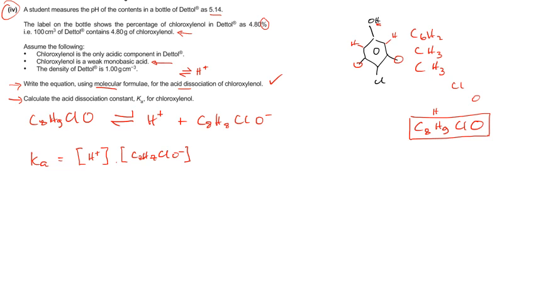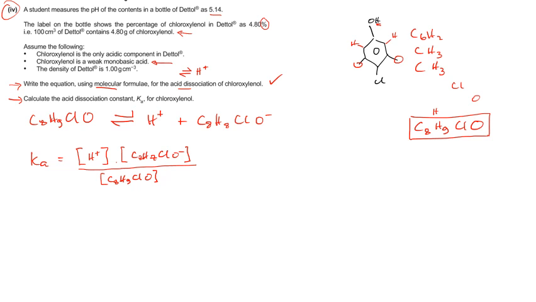I'm just doing this long formula for completeness, for a little bit of revision, divided by our reactant concentration, our acid concentration, so we've got C8H9ClO.